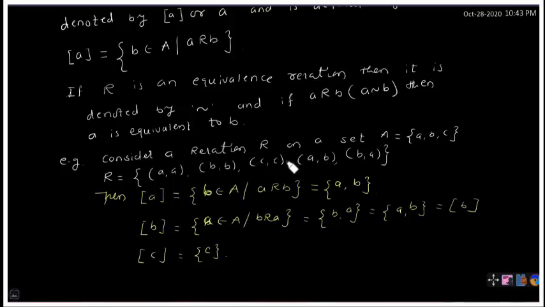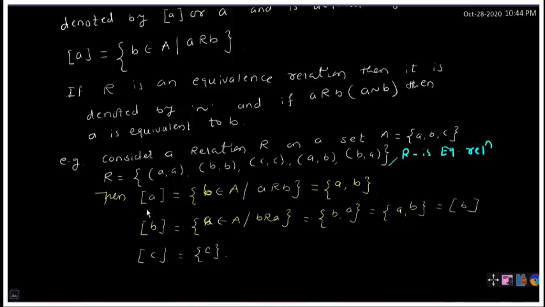This is symmetric, because (a,b) belongs to R, then (b,a) belongs to R, and (a,a) belongs to R. And this is transitive also: (a,b) belongs to R, (b,a) belongs to R, and (a,a) belongs to R; (b,a) belongs to R, (a,b) belongs to R, and (b,b) belongs to R. So this R is an equivalence relation.